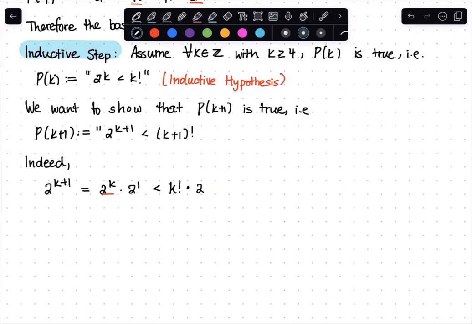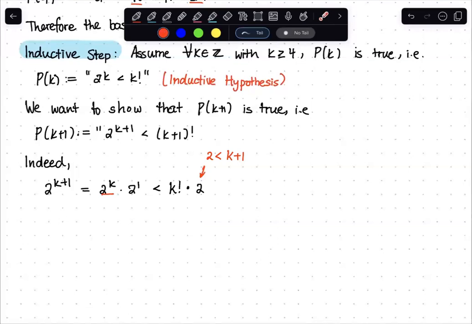Well, one thing I could also say is that 2 is smaller than k plus 1, because k is an integer that's larger than or equal to 4. So this inequality will always hold.